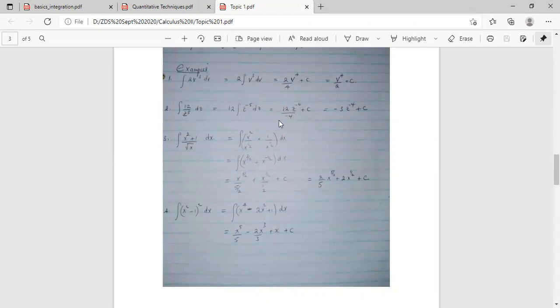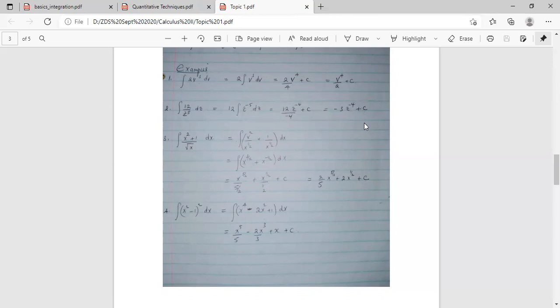I divide by the new power, which is negative 4. Then I bring my 12 back. So 12 by 4, negative 1, by 4, I get 3. So my answer becomes negative 3 z raised to negative 4 plus c. Don't forget the arbitrary constant. It is our constant of integration.